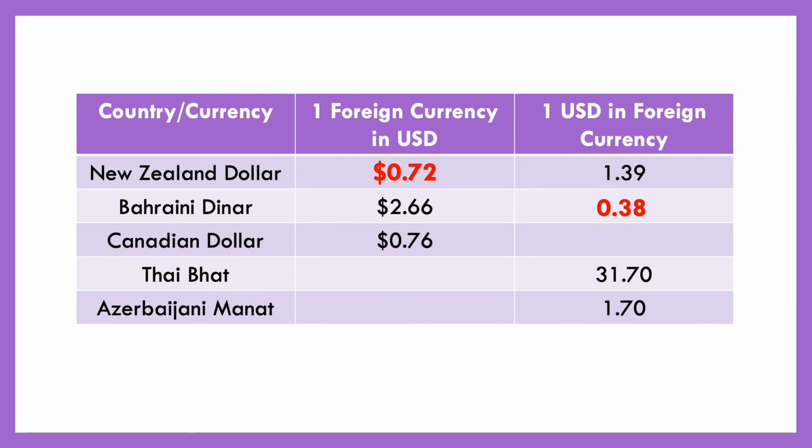Now, how about the Canadian dollar? If you notice that 1 Canadian dollar will cost you 76 cents US. So how much is 1 US dollar going to cost you in terms of Canadian dollars? Well, again, if we do 1 divided by 0.76, we get 1.32. Or we say that 1 US dollar is going to cost us $1.32 in Canadian dollars.